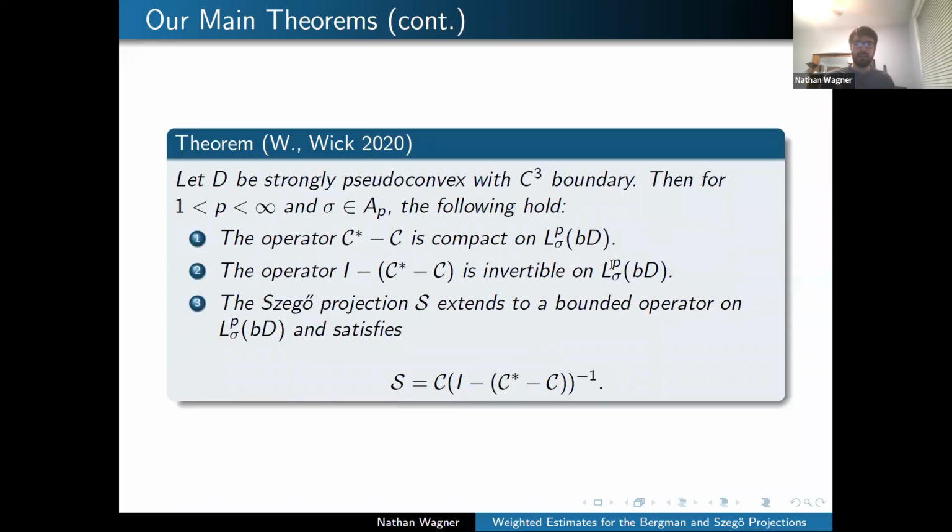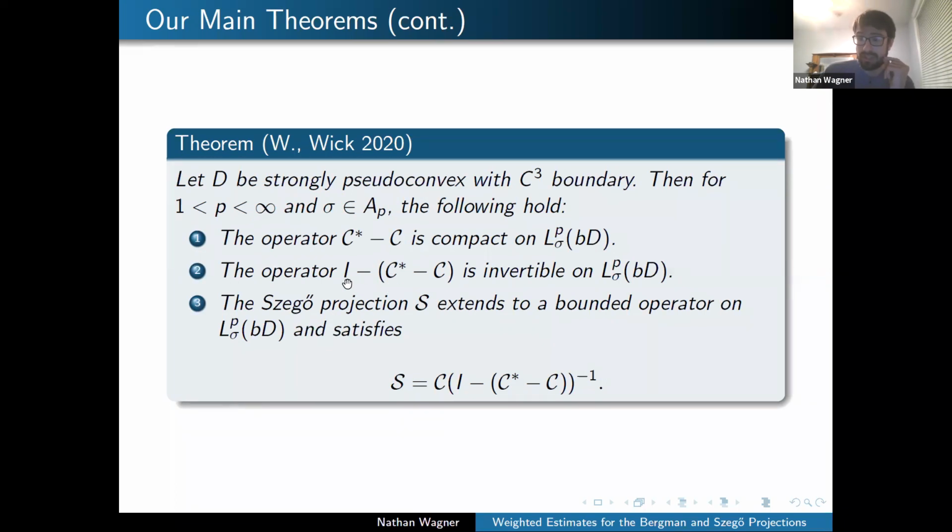And in fact, if you assume that the domain has a little more smoothness, you can actually say more. You can say some nice things about this error term, C star minus C. So C is, again, the auxiliary Cauchy operator for the Szegő projection. We can show that that operator is compact on weighted LP for weights in AP for P between 1 and infinity.